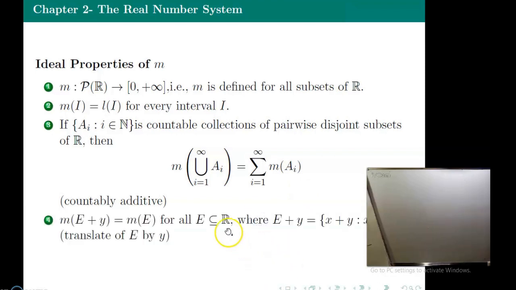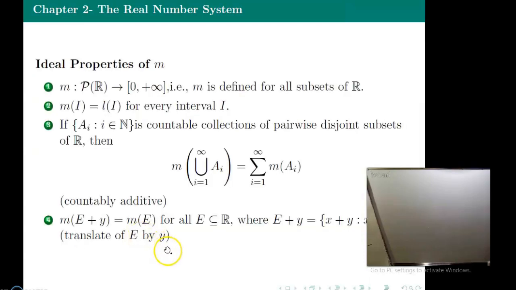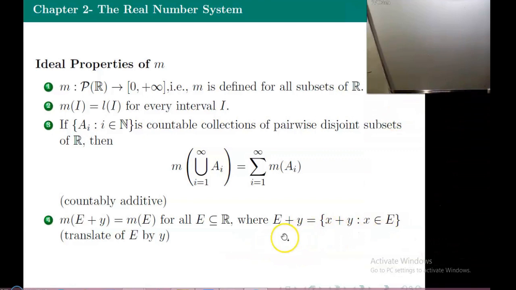And the fourth ideal property is, we call this as translate of E by Y. So we have here M of E plus Y, where y is an element of the set E, is the same as M of E for all subset E of R. So, where here E plus Y is equal to this set.